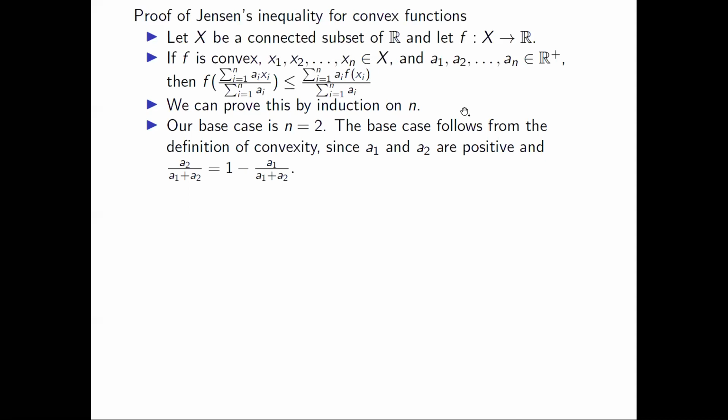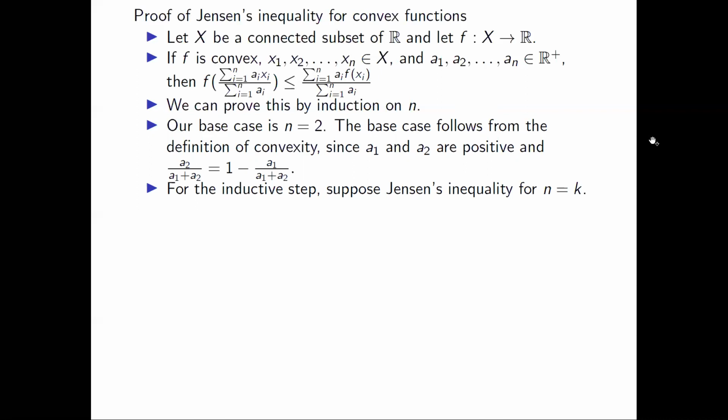In particular, for the parameter t in the definition of convexity, we can use t equals a1 over a1 plus a2, and we see that if we calculate 1 minus a1 over a1 plus a2, in other words 1 minus t, that gives us a2 over a1 plus a2. And so we get the statement of Jensen's inequality for n equals 2 just from the definition of convexity, which must be true for f because it's convex.